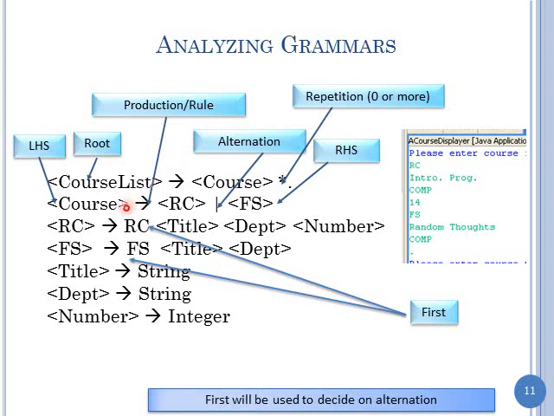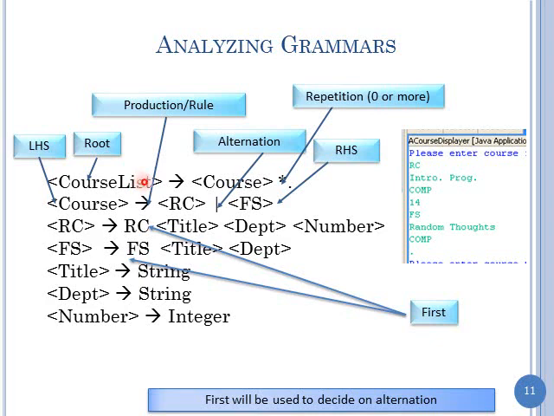So even course will lead eventually to terminals. But course list is going to also lead to longer sequences of terminals, you're saying. And the longest sequence is the root. That makes sense. Is there a simpler definition you can give?